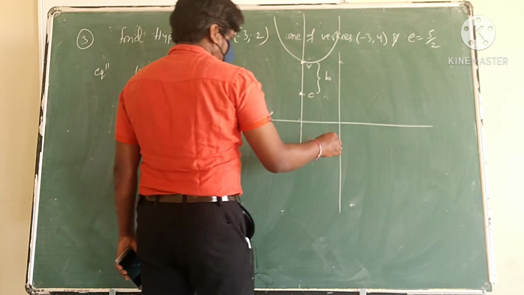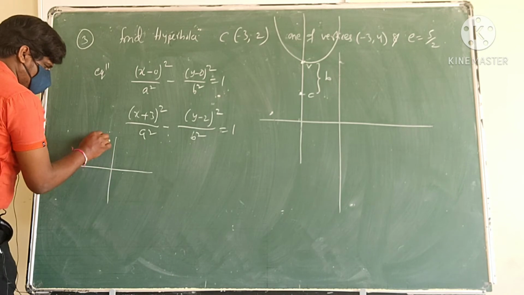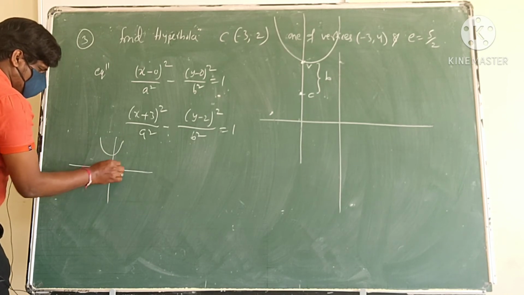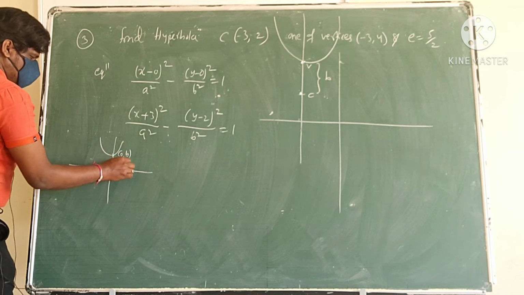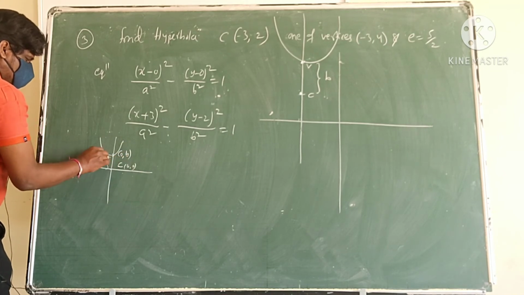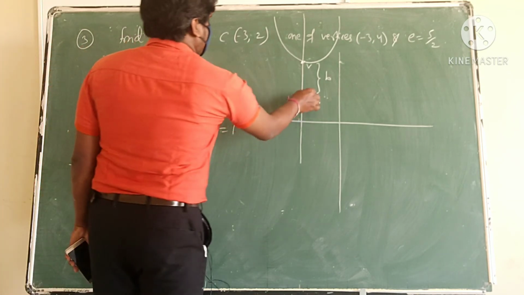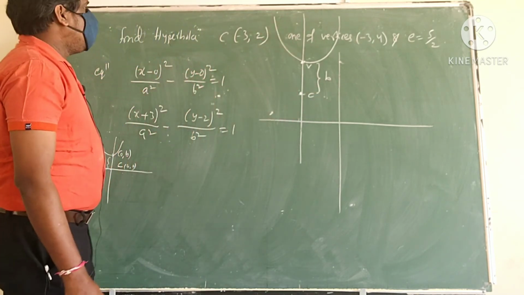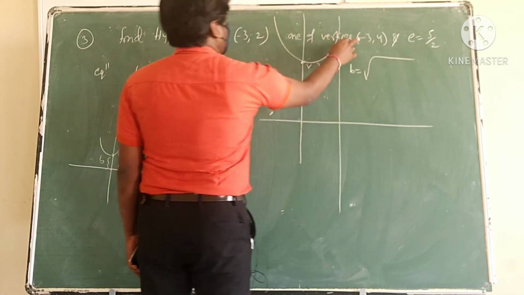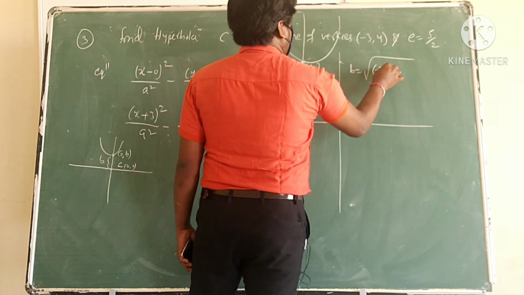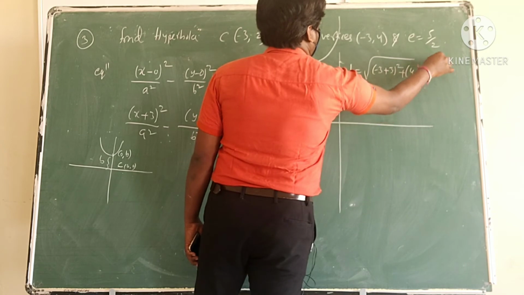If you feel this one, suppose 0, 0 is there, this is the center and this is the vertex. So 0 comma B and the center is 0 comma 0. This distance is how much? B. Likewise, the distance between them will be B. So B can be written as the under root of the distance formula, x2 minus x1 whole square plus y2 minus y1 whole square.